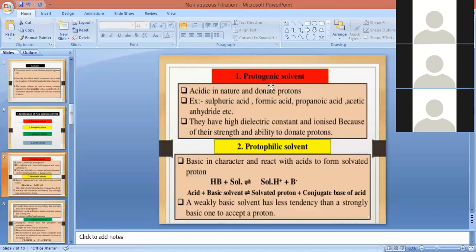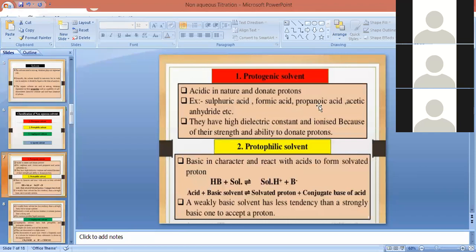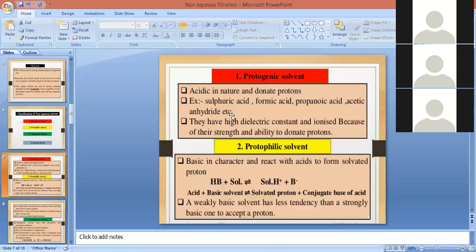Examples of protogenic solvents are sulfuric acid, formic acid, propionic acid, and acetic anhydride. They have the ability to donate the proton. Therefore, they are known as protogenic ones.